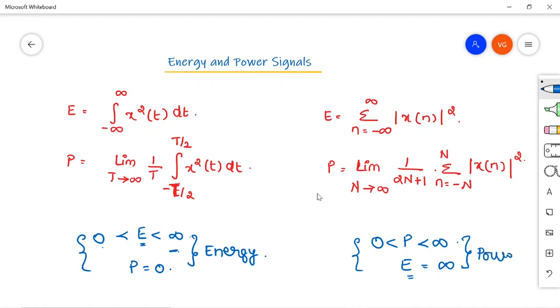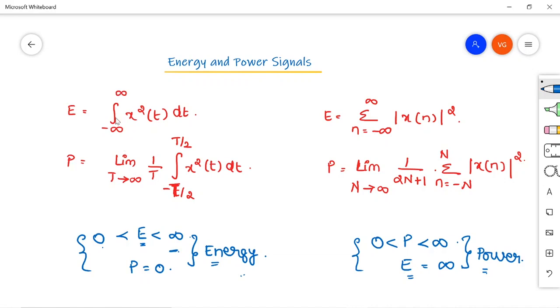To check whether the given conditions for energy and power are satisfied or not, these are the formulas here. For an energy signal, take the signal x of t, square it and integrate from minus infinity to infinity. Because this is an analog signal, as the signal extends from minus infinity to plus infinity, check whether the total energy contained in the signal is less than infinity or not.